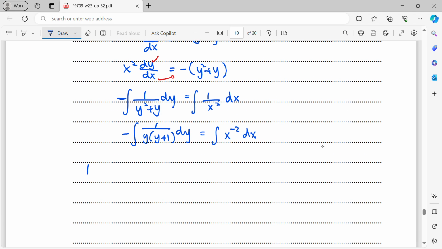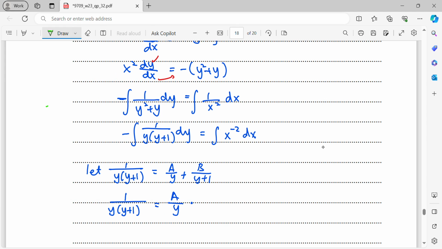So let's find the partial fractions. Sorry, this is a proper rational function because there's no y in the numerator, and the degree of y in the denominator is 2. So here will be a over y plus b over y plus 1. Okay, so now get the same denominator. When we get the same denominator, you always compare with the left hand side.